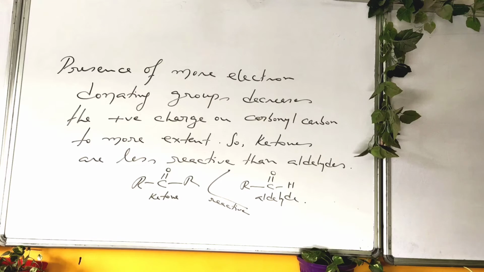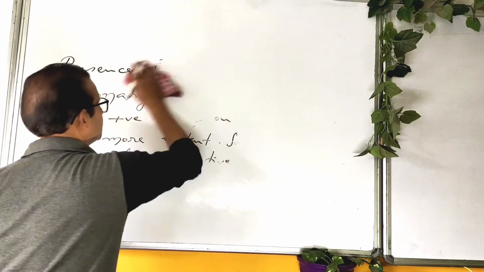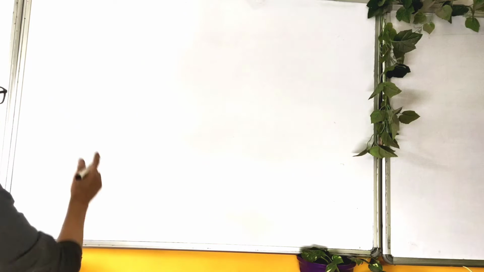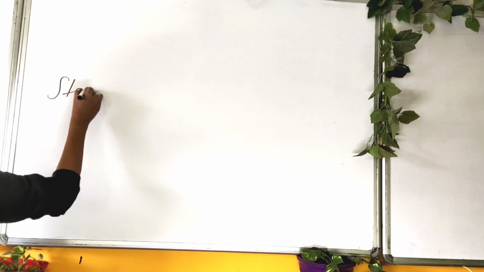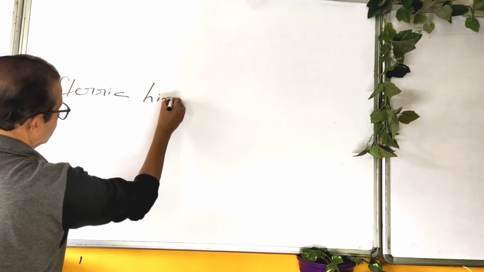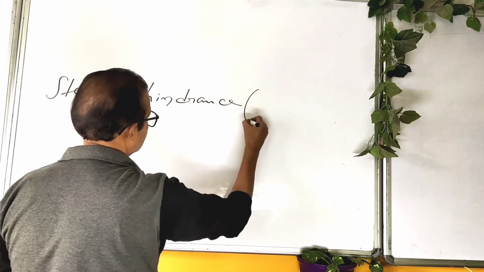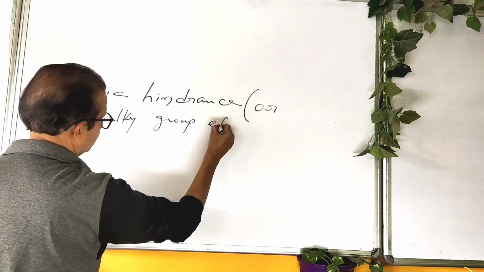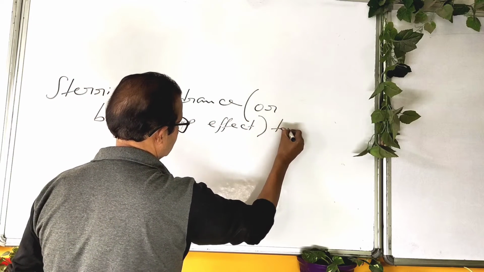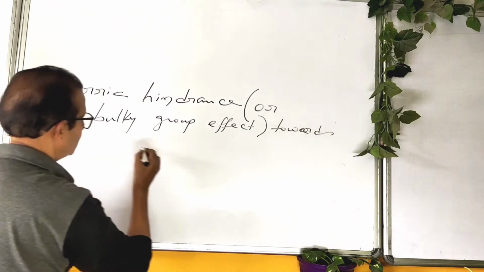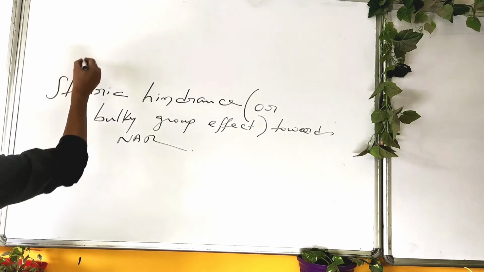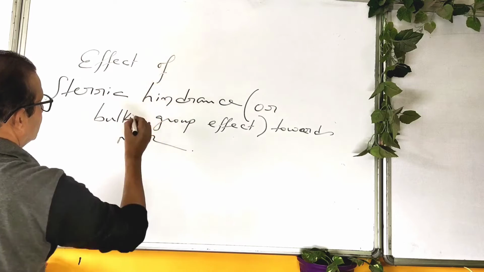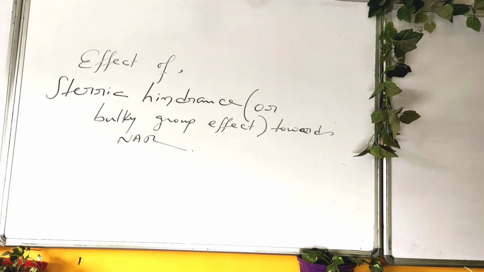Now try to understand, okay? So write down the effect of steric hindrance or bulky group effect towards nucleophilic addition reaction.